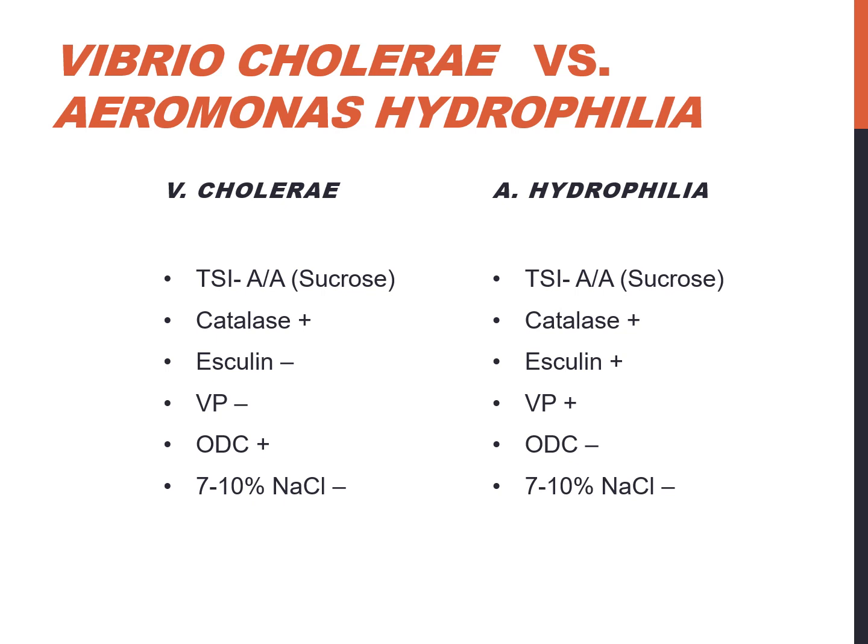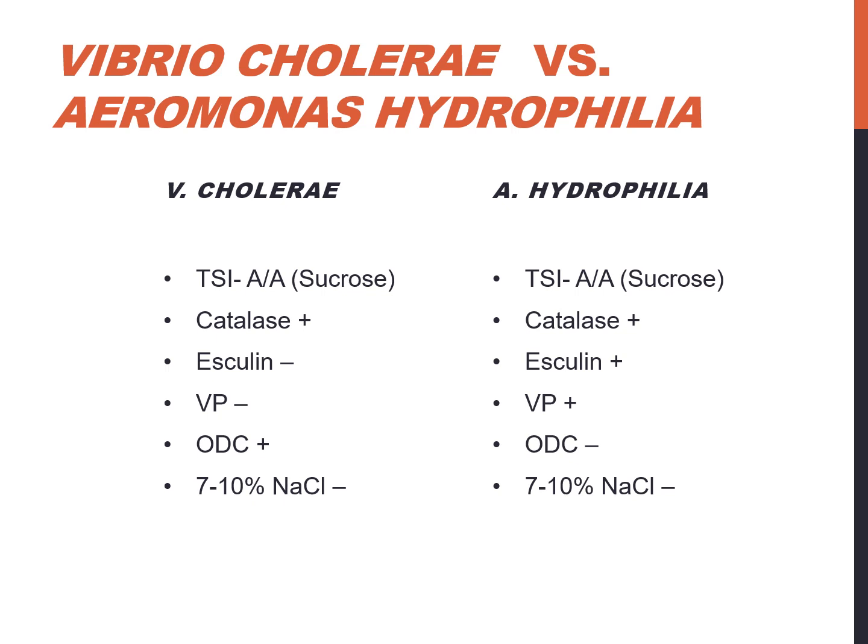Vibrio cholera is negative or will not tolerate 7 to 10% sodium chloride. However, Vibrio vulnificus will actually tolerate 0.5 to 1% salt. Okay, Aeromonas hydrophilia, on the other hand, is also 7 to 10% sodium chloride negative.